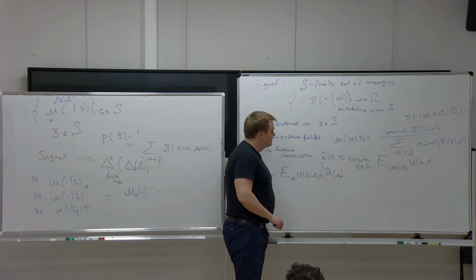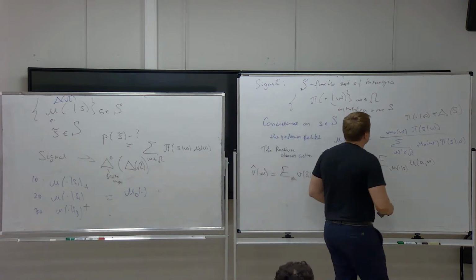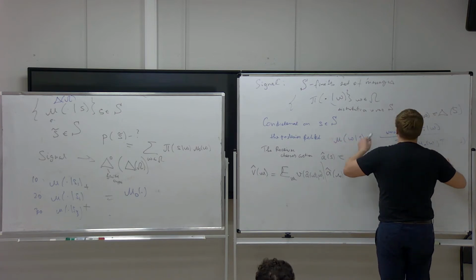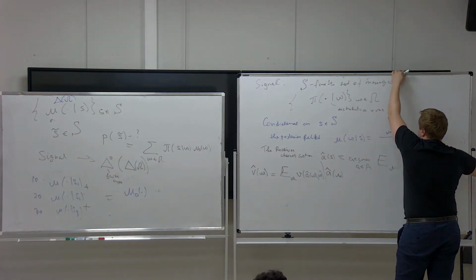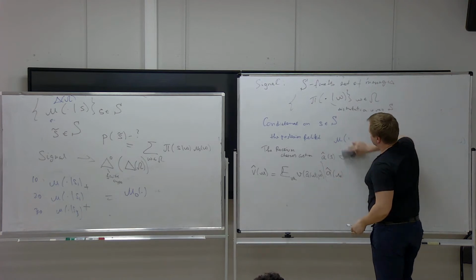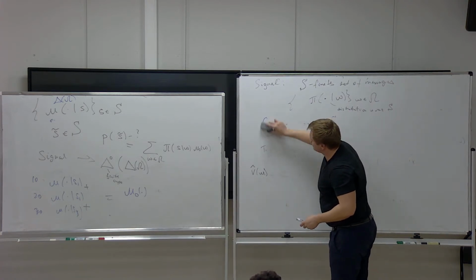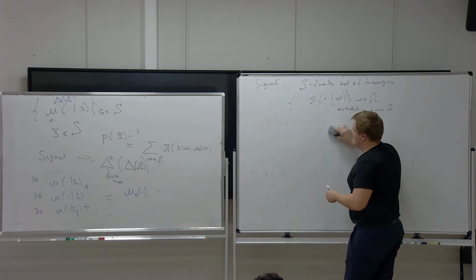That should be also relatively straightforward. Why? It's just because, look, suppose I have, so I'll do it for these three distributions.